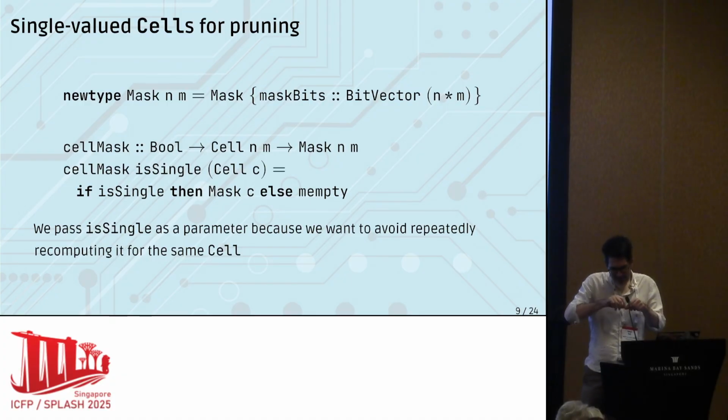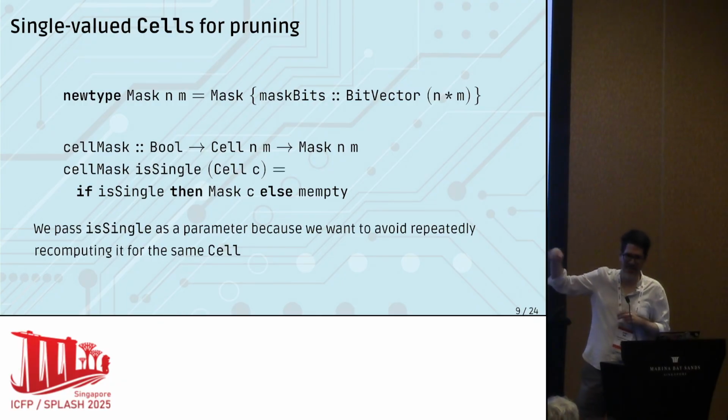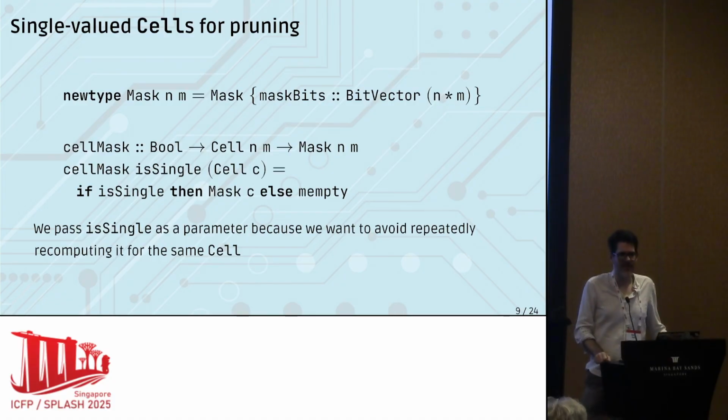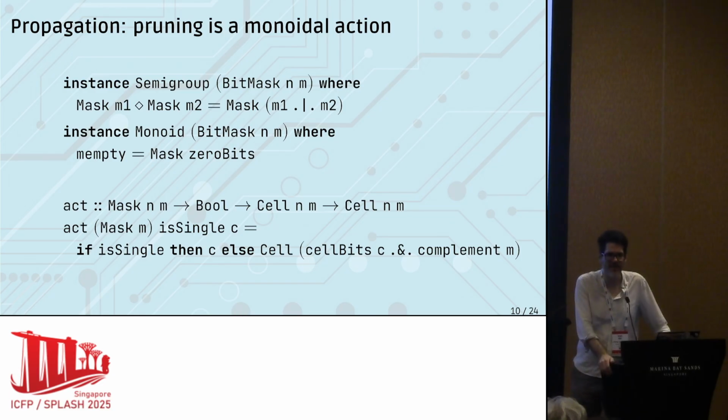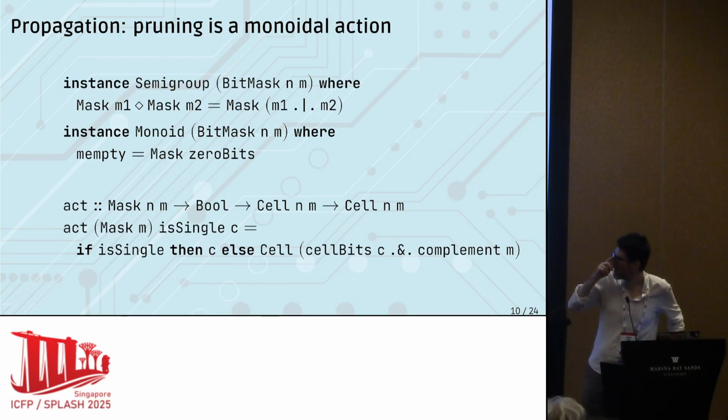We want to have a single piece of circuitry for every cell that, I don't want to say caches it, but you want to share the circuit that computes whether a bit vector is just one bit. So how is mask a monoid?